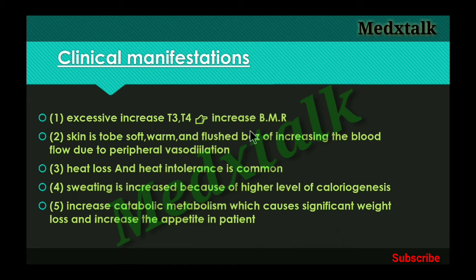Second, the skin is soft, warm and flushed because of the increased blood flow due to peripheral vasodilation and also due to the increased basal metabolic rate. The third one is heat loss and heat intolerance, which is common.